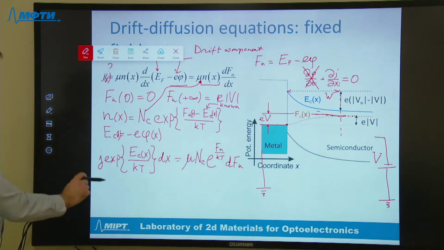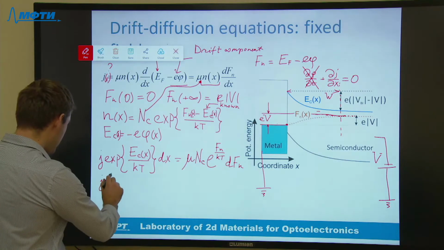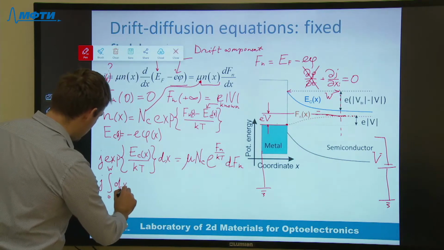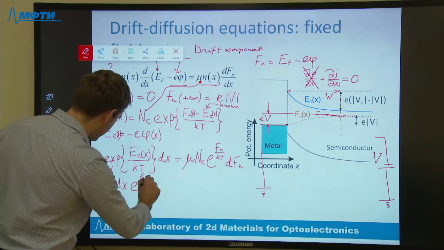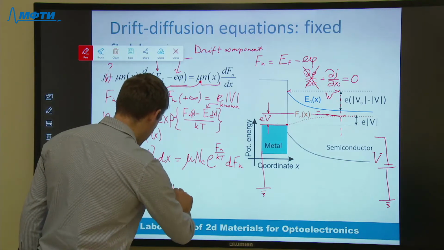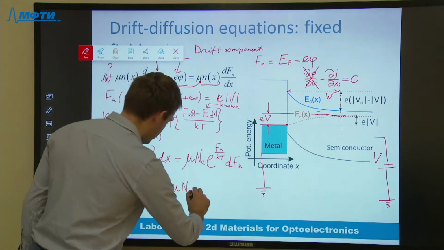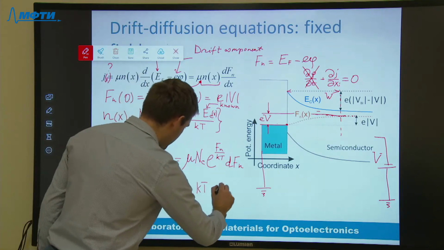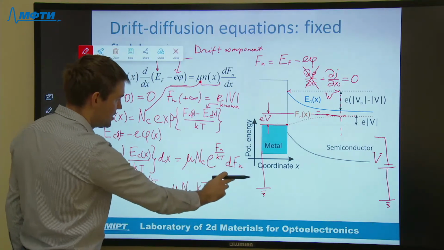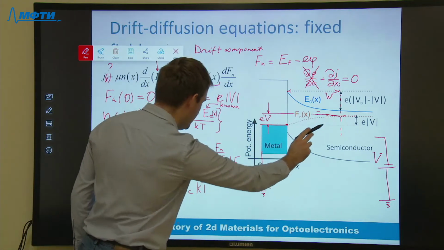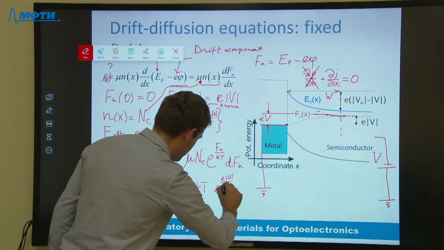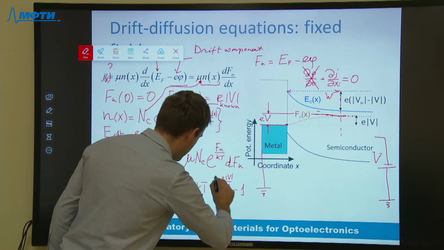Then what we obtain is J multiplied by the integral from 0 to depletion width over coordinate, multiplied by exponent of conduction band bottom divided by kT, equals mobility, effective density of states, kT, multiplied by the integral of exponent from 0 to EV. What is it? It is exponent of EV divided by kT minus 1.